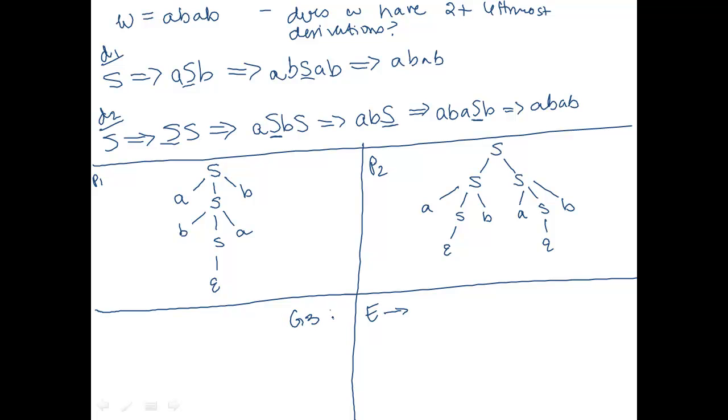E goes to A, B, E, or B, B, A, E, or epsilon. A goes to A, B, A, or epsilon. B goes to B, B, A, B, or epsilon.